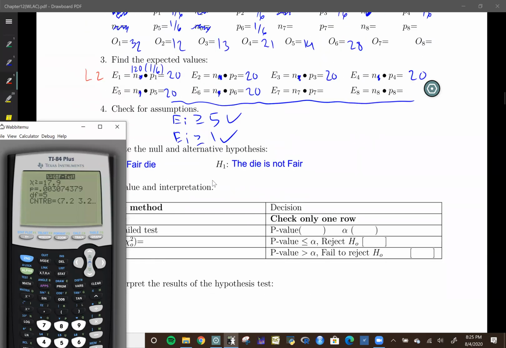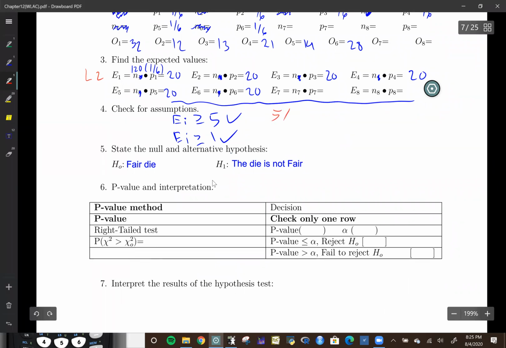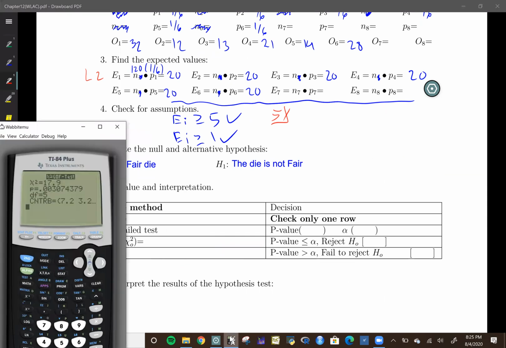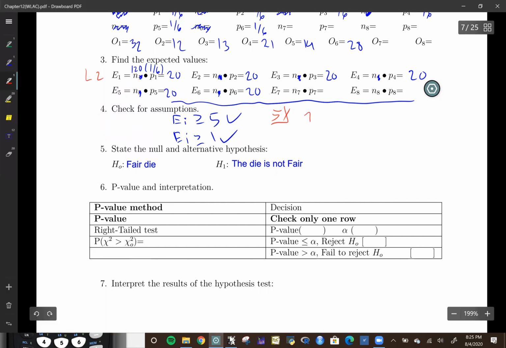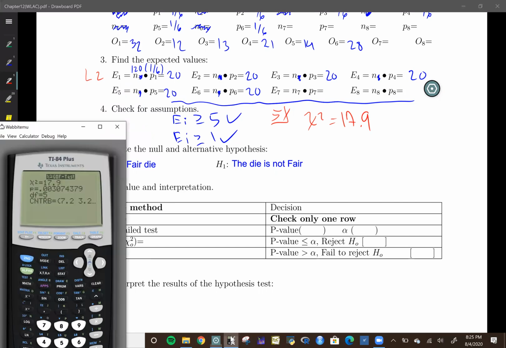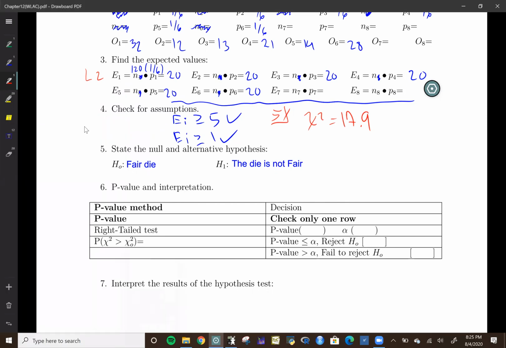I guess I forgot to put the chi-square value. Gotta read it right. So we'll do step 5 right here. If you look at the chi-square value, we'll say chi-square is equal to 17.9. If you look at my p-value, the p-value is 0.003.